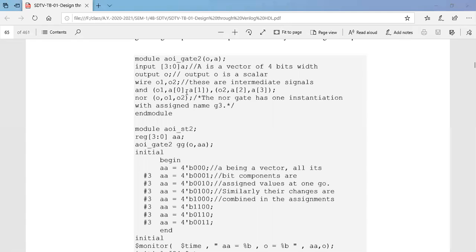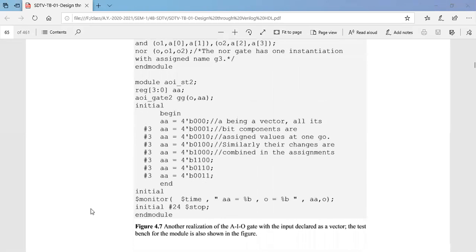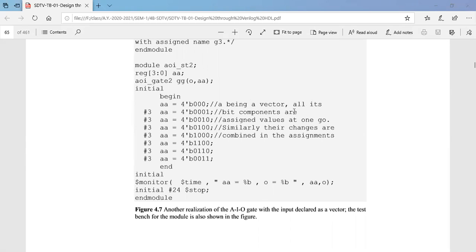If not, we can write a test bench program and execute it. For this main program, it is going to produce the output automatically. That means we are not going to give the inputs manually. So for that purpose, we are writing the test bench.